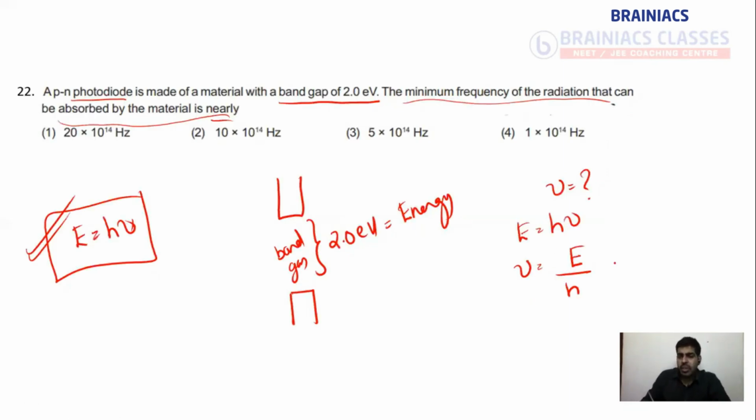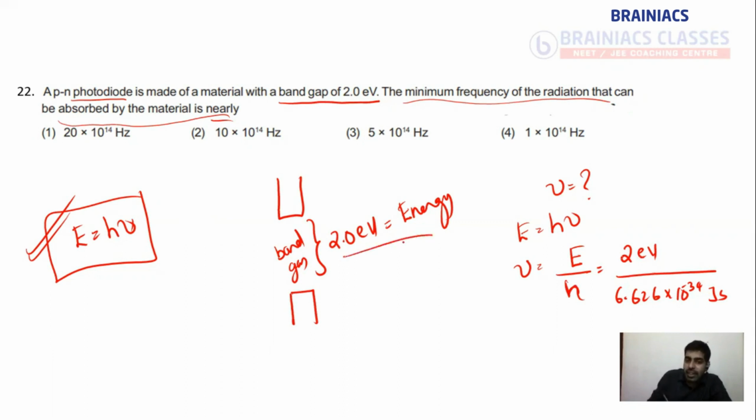Now E is 2 electron volt and h is 6.626 into 10 raised to minus 34 joule second. Here the unit of h is joule second, and the unit of energy is electron volt. That is not possible. If you are taking h in joules, you have to take energy in joules itself.